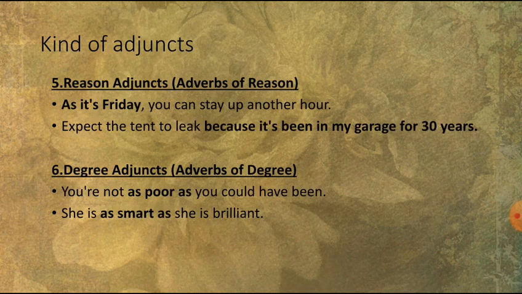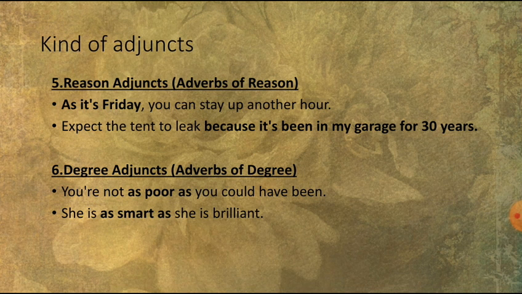Next is reason adjuncts. The first example, as it is Friday, you can stay up another hour. So, why can you stay up another hour? Because it is Friday. So it shows the reason. And the second is expect the tent to leak because it has been in my garage for 30 years.